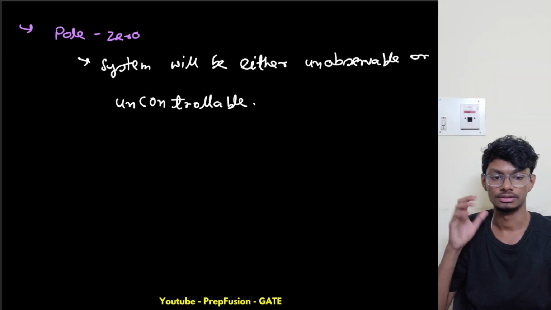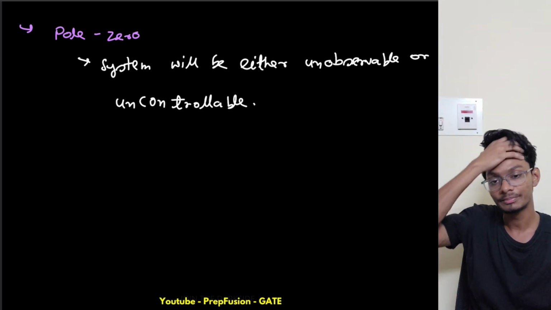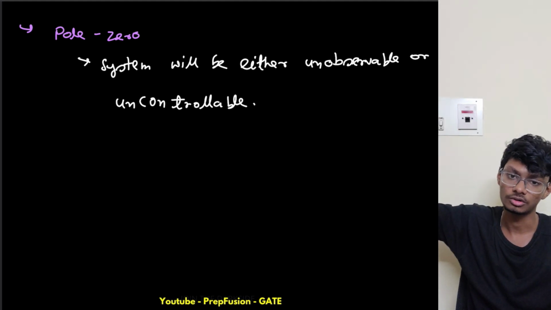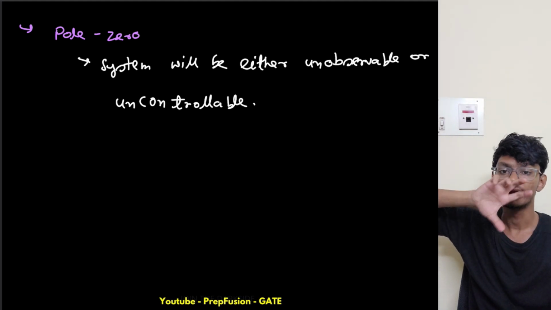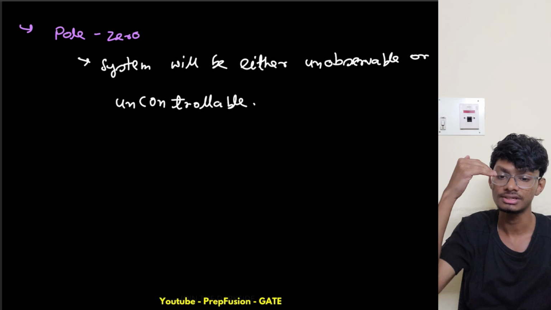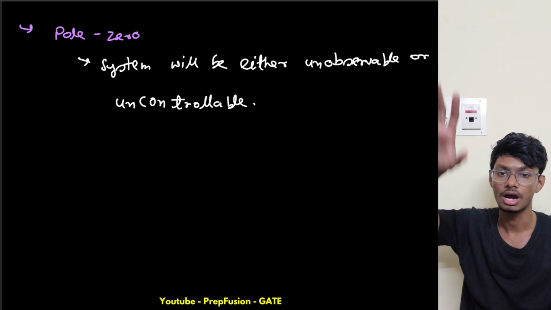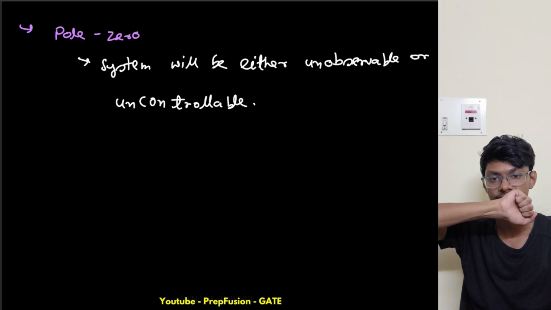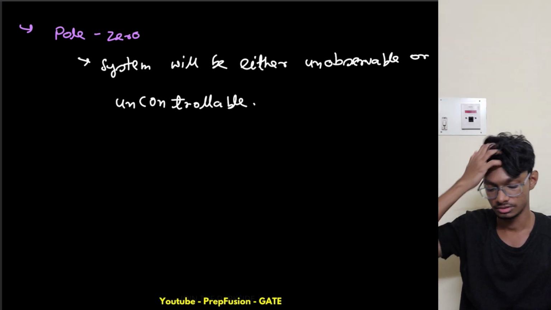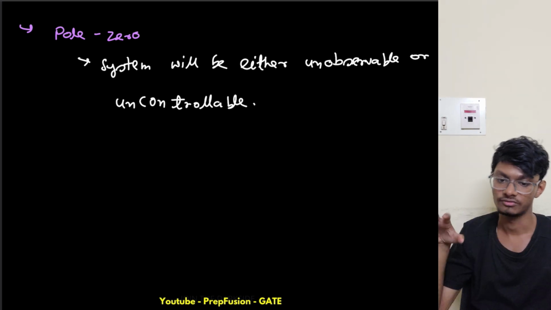Okay, that is the main thing. So it depends whether it will be uncontrollable or unobservable or both. It depends on how I represent the state space, how I represent the state space equations and how I draw the state space diagram. It depends on that. Okay, so that was it for pole zero.